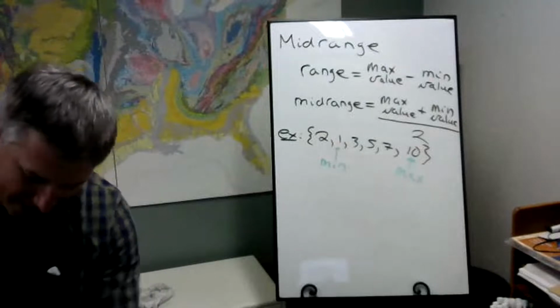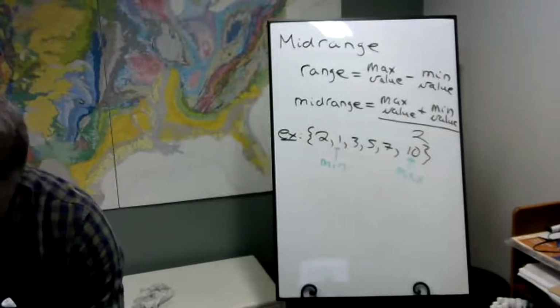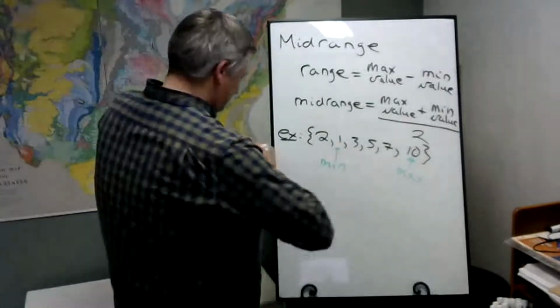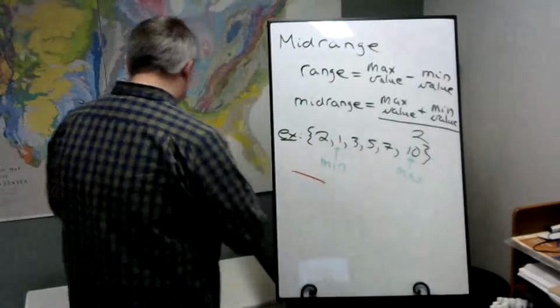And so what we're going to do is take those two values and average them together.